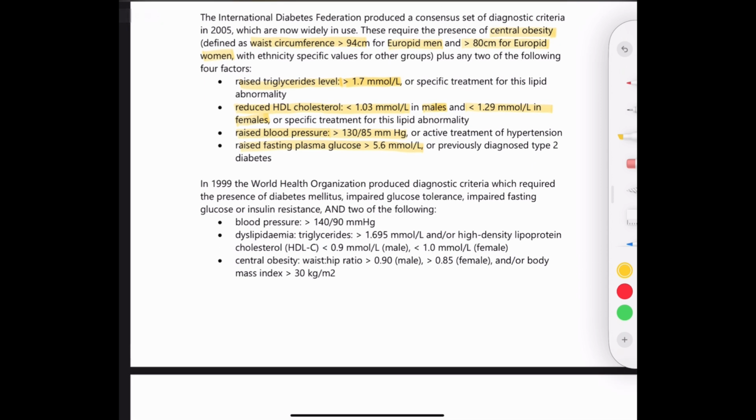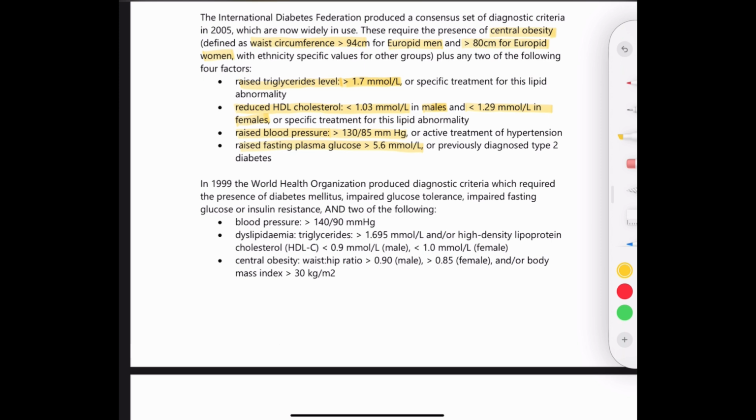In 1999, the World Health Organization produced diagnostic criteria which required the presence of diabetes mellitus, impaired glucose tolerance, impaired fasting glucose or insulin resistance, and any two of the following.